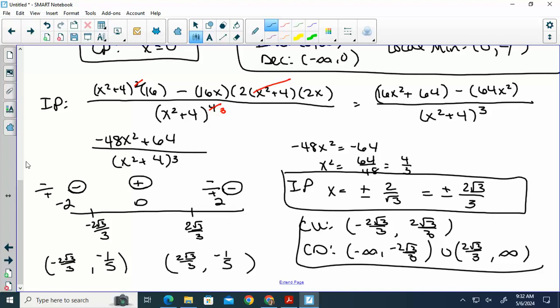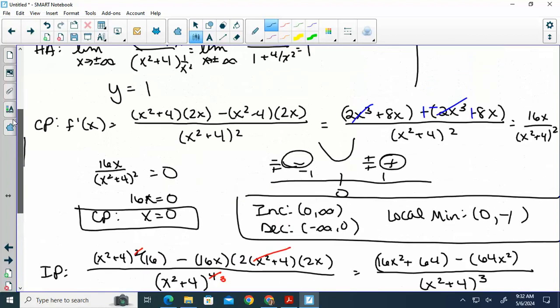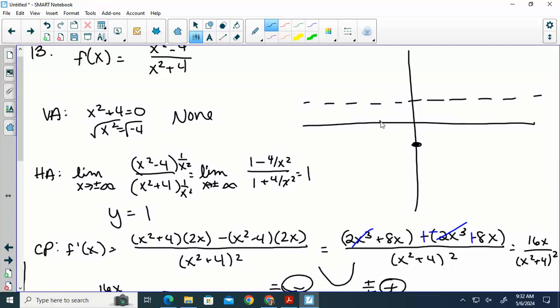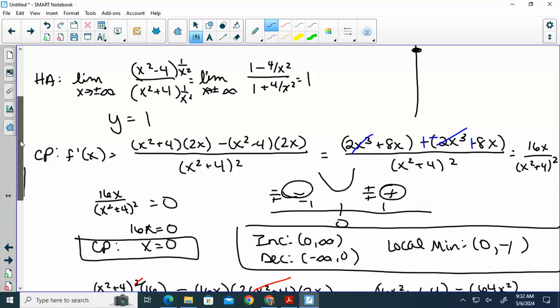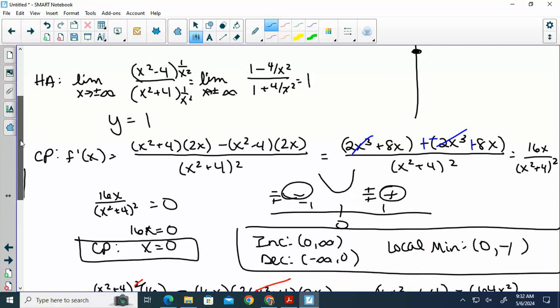Okay, so if I plot those, we're going to approximate a little bit here on our graph. So negative 2 radical 3 over 3, negative 1/5. We marked inflection points with x's. So we know that our graph has to start off decreasing and it ends increasing.